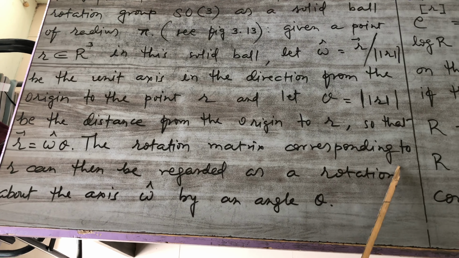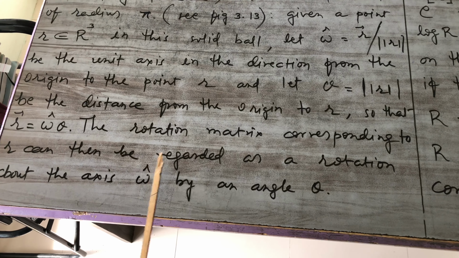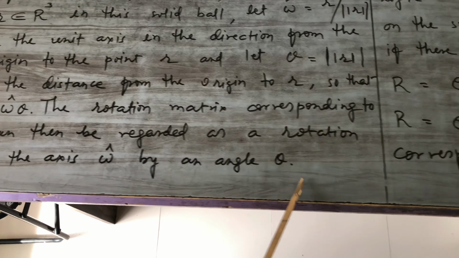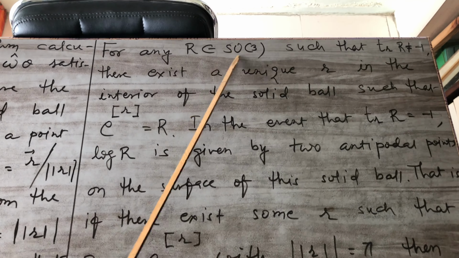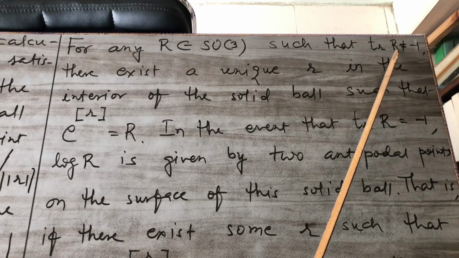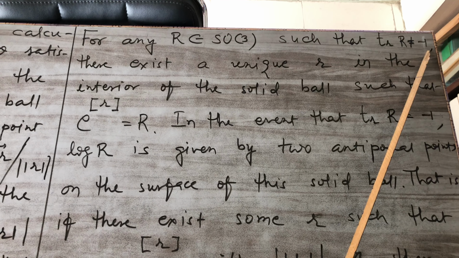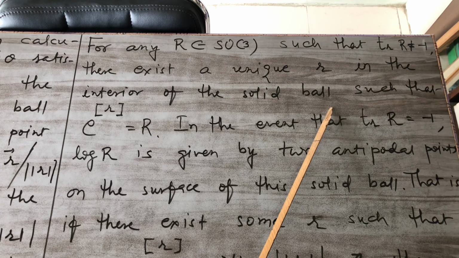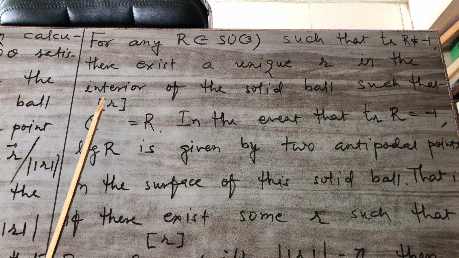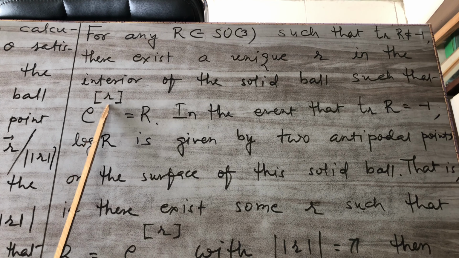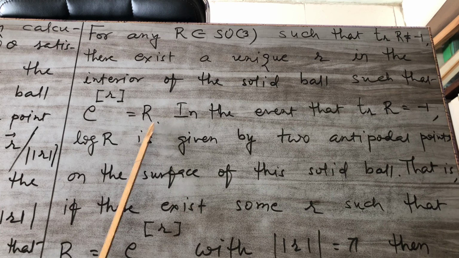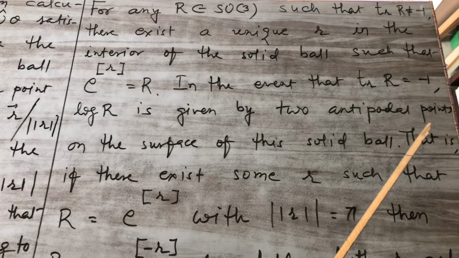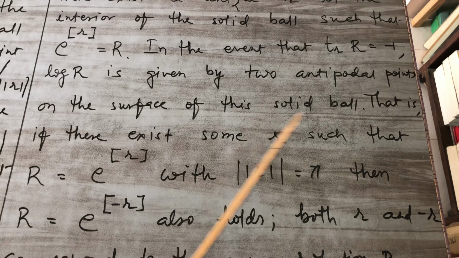The rotation matrix corresponding to r can then be regarded as a rotation about the axis omega cap by an angle theta. For any R belonging to SO(3) such that trace of R is not equal to -1, that is theta not equal to pi, there exists a unique r in the interior of the solid ball such that e raised to the skew-symmetric r, that is omega cap times theta, equals R. In the event that trace R is -1, log R is given by two antipodal points on the surface of this solid ball.